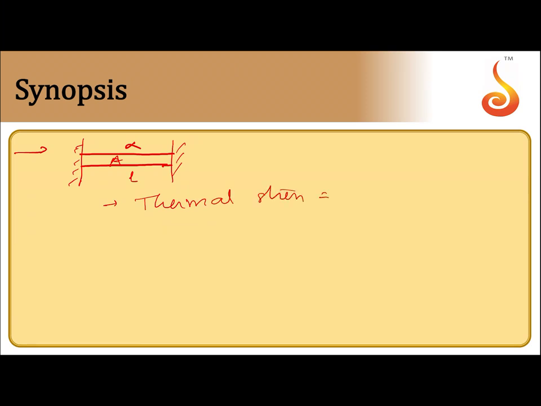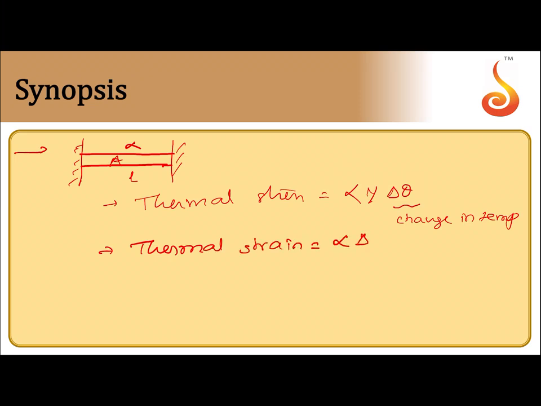Thermal stress is given by alpha Y into delta theta, where delta theta is the change in temperature. And thermal strain is given by alpha delta theta, and thermal tension, that means the actual force, is given by alpha Y A into delta theta.